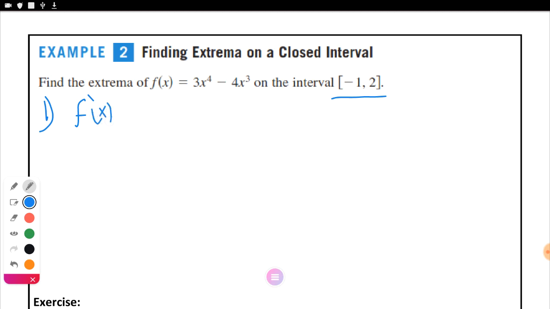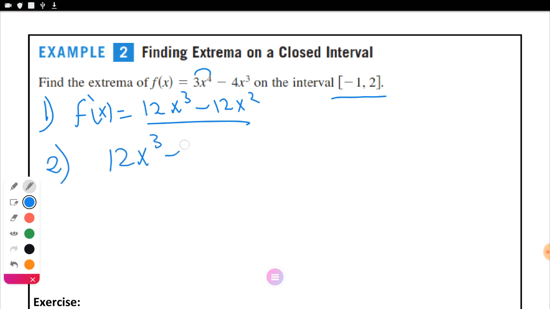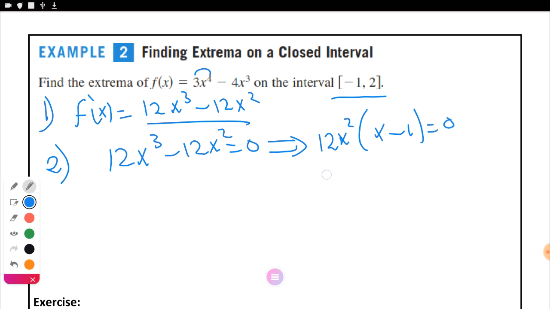The derivative is 12x to power 3 minus 12x to power 2. Then find the zeros, second step: 12x to power 3 minus 12x to power 2 equals 0. Factorize: I take 12x to power 2 times x minus 1 equals 0. So x equals 0 or x equals 1.